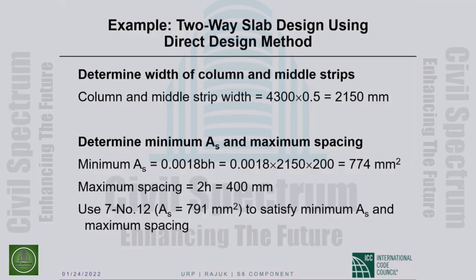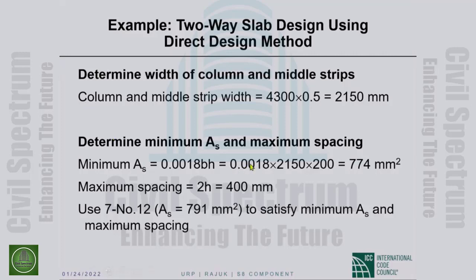Now the minimum reinforcement, flexural reinforcement, and the maximum spacing. Minimum flexural reinforcement is the same as the shrinkage reinforcement. For grade 480, it is 0.18% of gross.